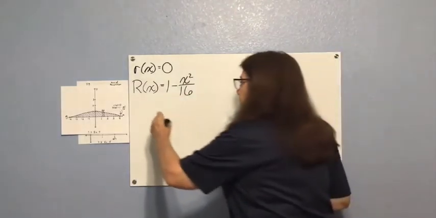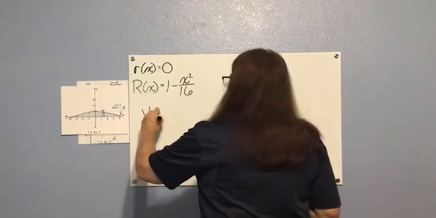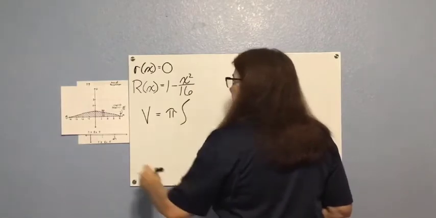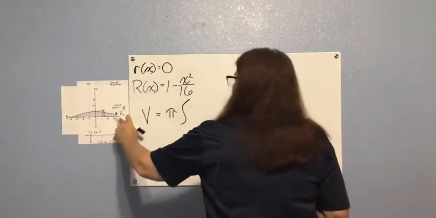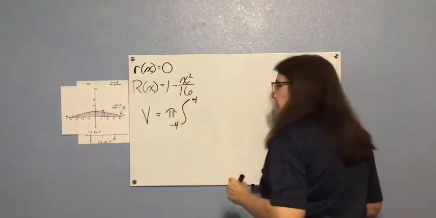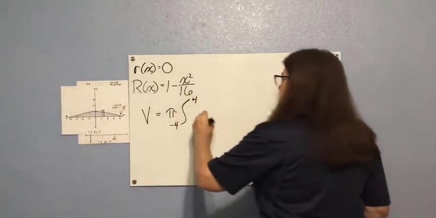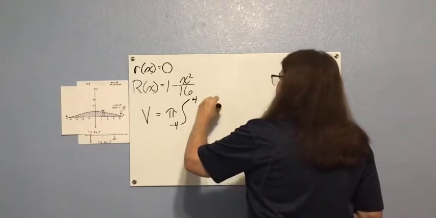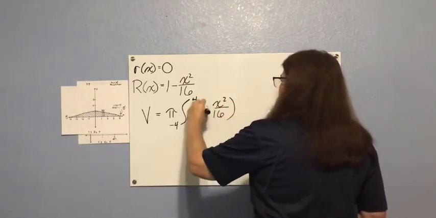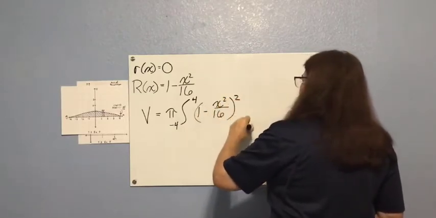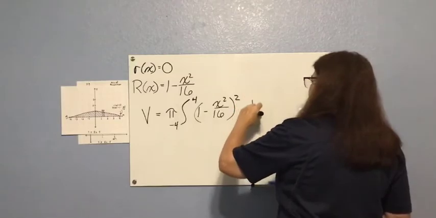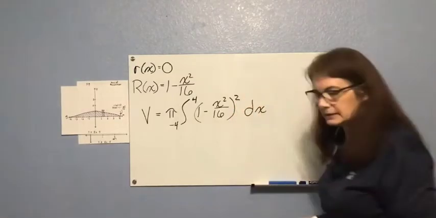So let's write our equation. Volume's equal to pi times the integral. And this is -4 to +4. And then we're going to have 1 minus x squared over 16 squared. Don't need to subtract little r since it's 0, dx.